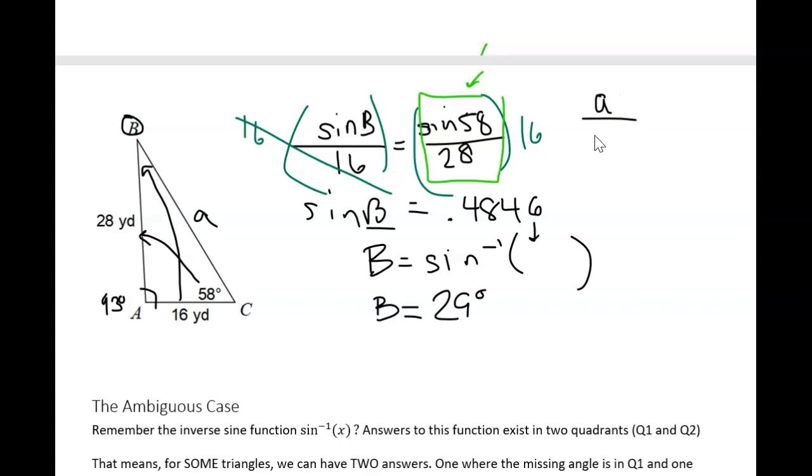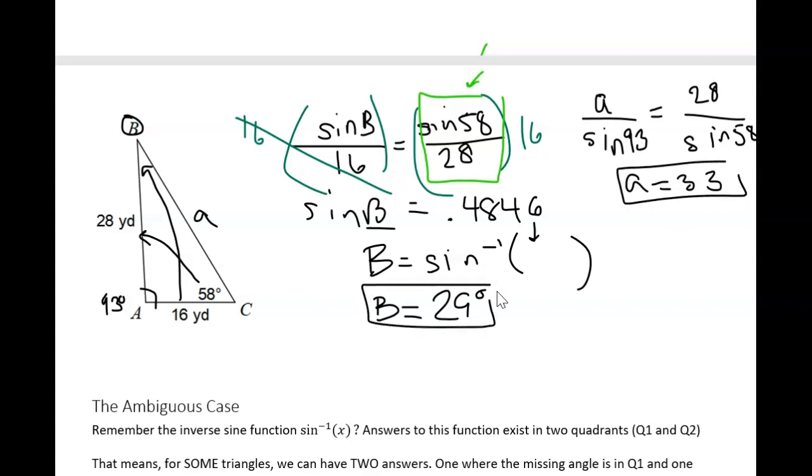And it's side over sine ratio, and then side, 28, over sine ratio. Multiply both sides by sine 93, and go ahead and type this into your calculator. So I'm getting 32.97, and if I actually round that to the nearest tenth, I'm just going to get 33.